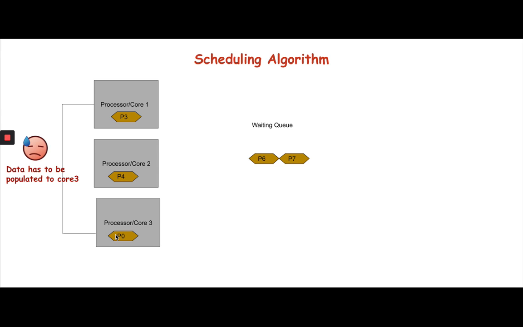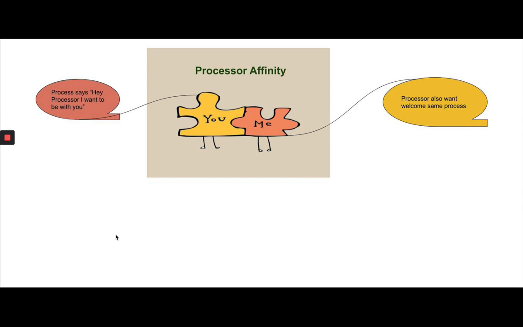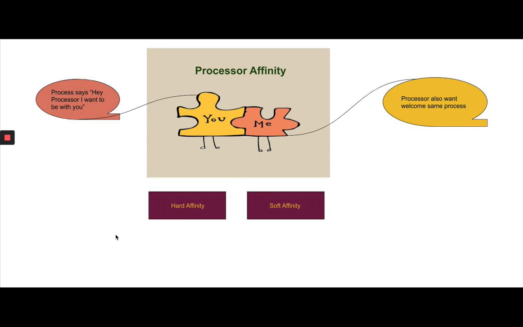That's why a term called affinity comes in. Affinity is basically saying, I want to live with you as long as I live in the world. Basically, each process should be assigned to the same processor every time it needs to be executed. There are two variations of affinity: hard affinity and soft affinity.